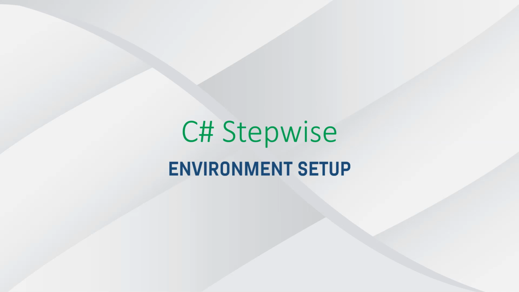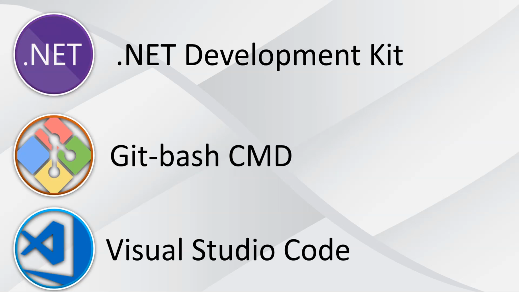So let's go ahead and see what we require to install. We're going to start by installing the .NET Development Kit. That's the SDK for C# development. And also we'll be installing the Git Bash CMD.